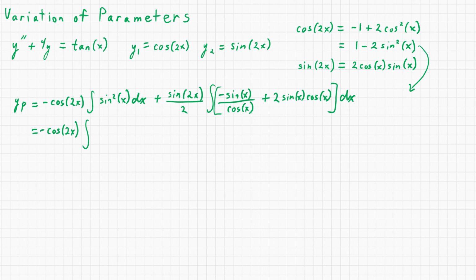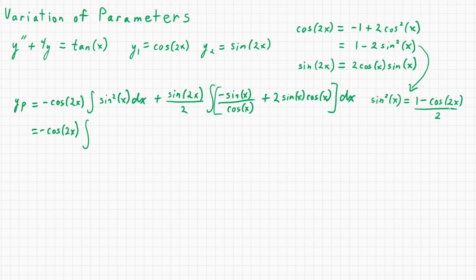So if I move the 2 sine squared of x over, add it to both sides, subtract the cosine 2x from both sides, and divide by 2, we end up with sine squared of x is equal to 1 minus cosine 2x over 2. Or you could have taken it from a table of trig identities.